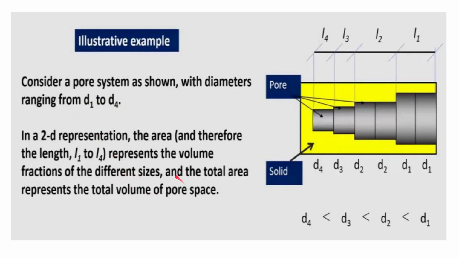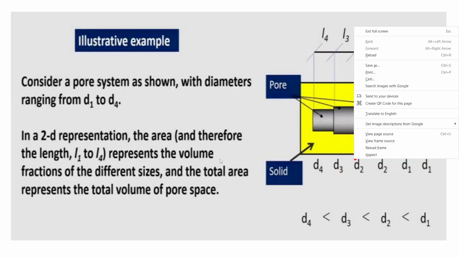Say, for example, we consider a pore system with diameters ranging from D1 to D4. In this schematic representation, there is a solid having pores of D1, D2, D3, D4, such that D1 is greater than D2, greater than D3, greater than D4, and they have lengths L1, L2, L3, L4 respectively.